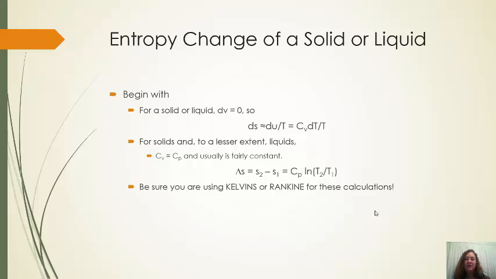I end up with the change in entropy is C sub p times the natural log of the ratio of T2 over T1. Now again, it's really critical that you remember that these units are based on thermodynamic temperature, which is absolute temperature. So I have to use kelvins or rankines whenever I'm doing these calculations.